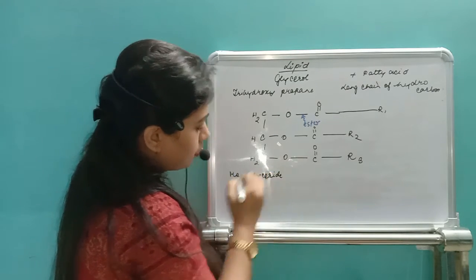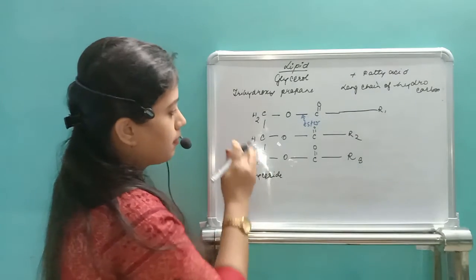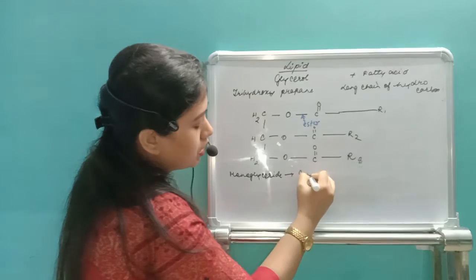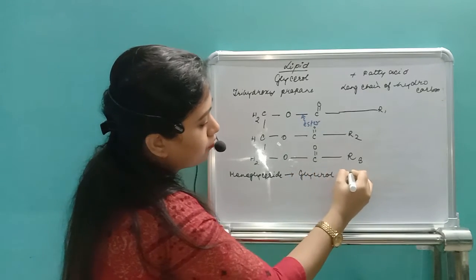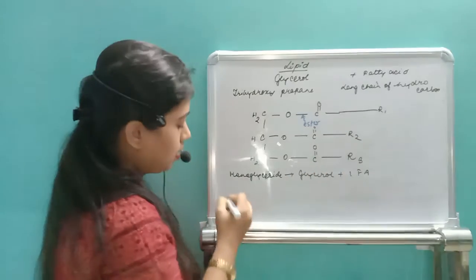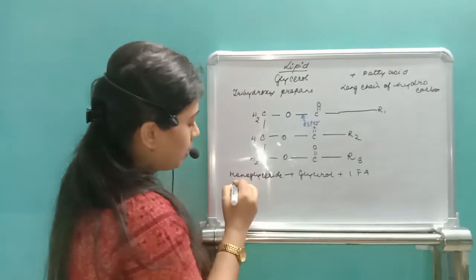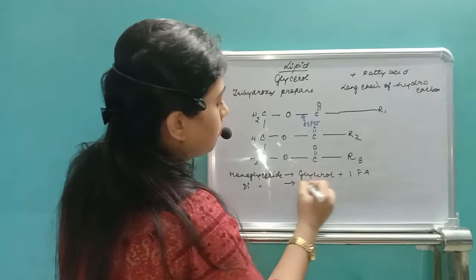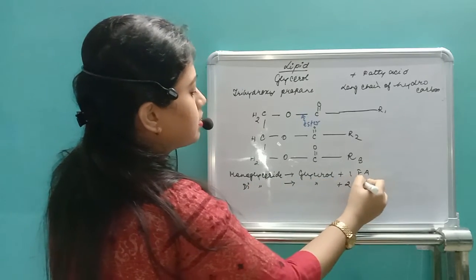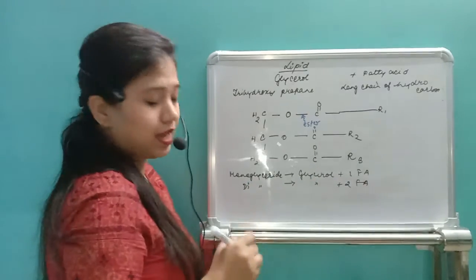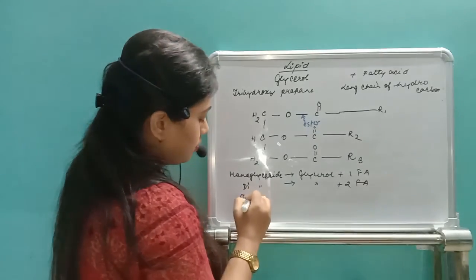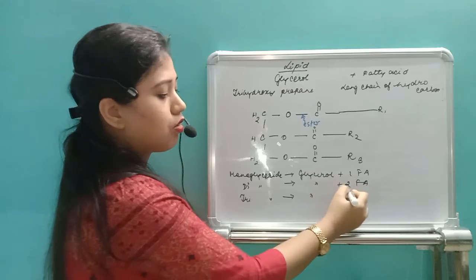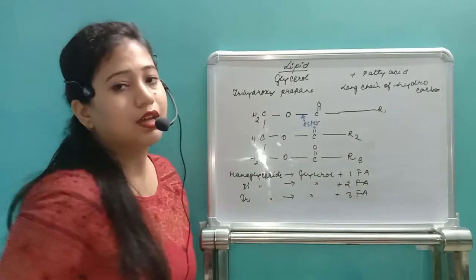Okay, next one, monoglyceride means with a glycerol we will have only one fatty acid. If this is a diglyceride, then with the glycerol two fatty acid molecules will be attached by ester bond. And if it is a triglyceride, then in the triglyceride we will have a glycerol and three fatty acids.